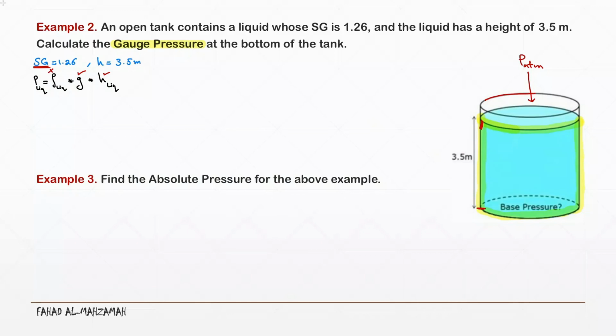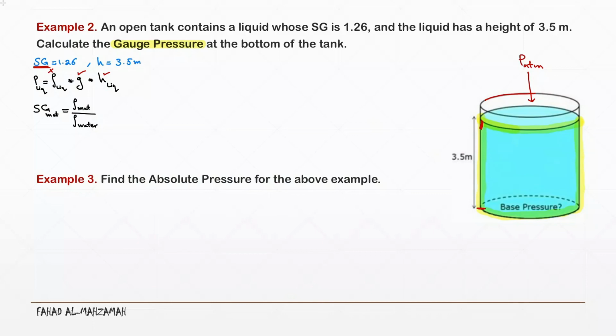Now what is the formula of SG? What is the formula of the specific gravity? We know that the specific gravity of a material, since the liquid is a type of material, is equal to the rho of that material or that liquid divided by some reference density, which is the water.